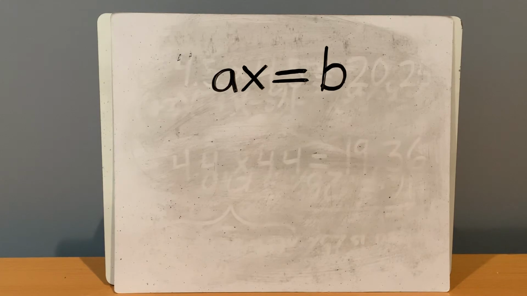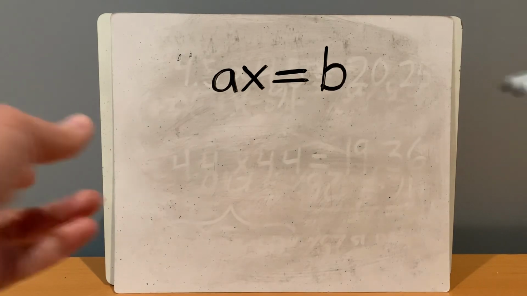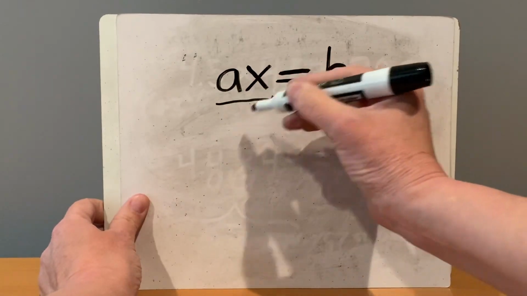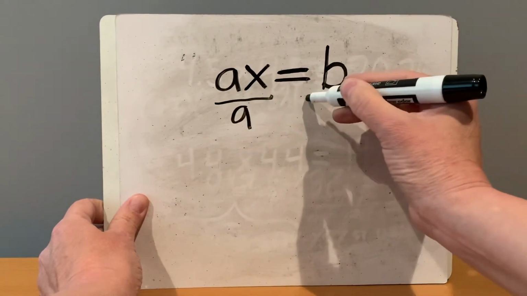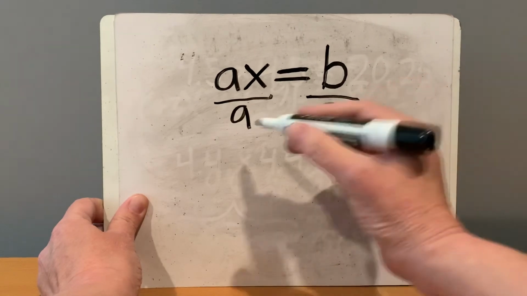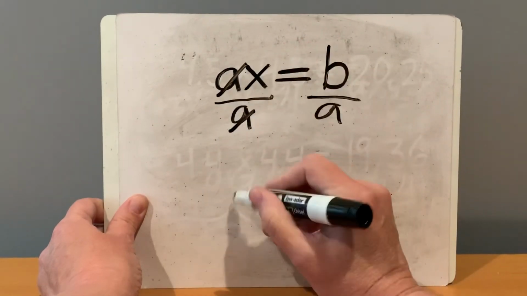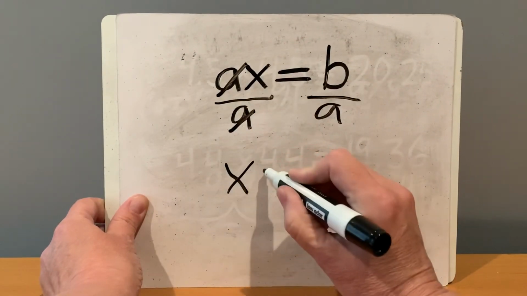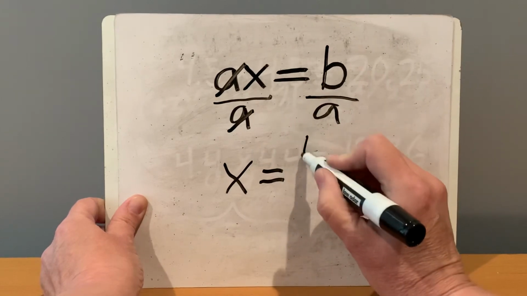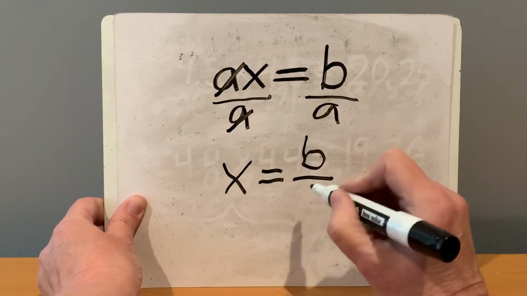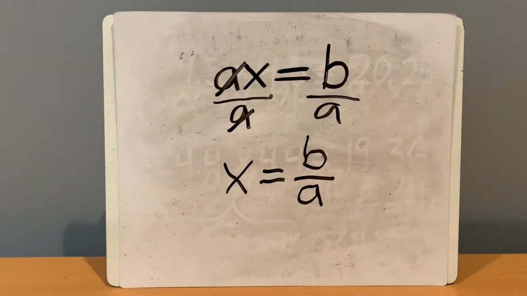So the way we do that is first by dividing both sides by A. So we divide both sides by A. These cancel out and we find that X equals B divided by A.